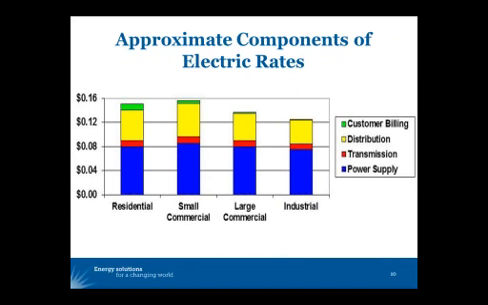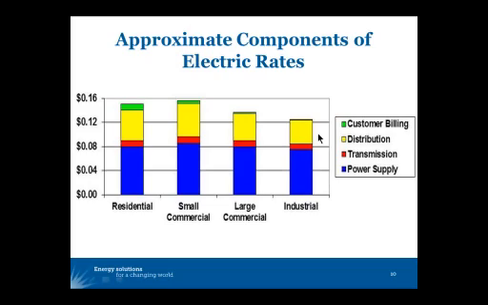Now in this example here, I still showed fairly high distribution costs for industrial customers. This is data from an actual utility that I've worked with, an urban utility for whom the industrial customers were pretty much single shift operations.